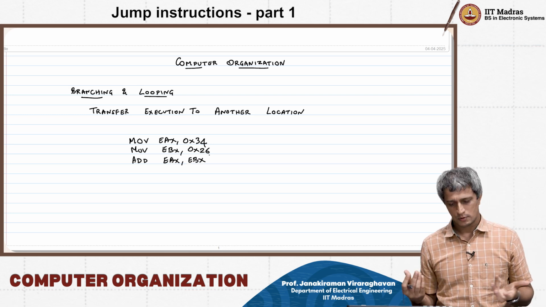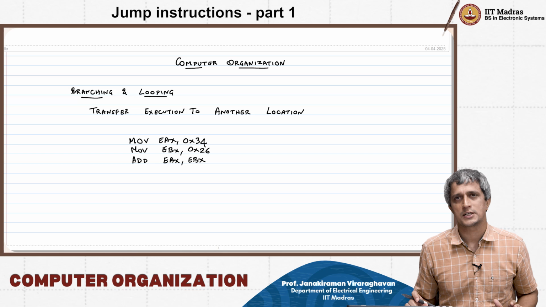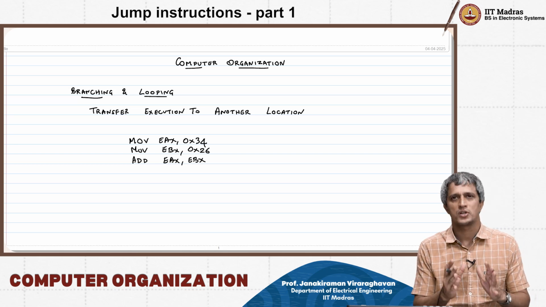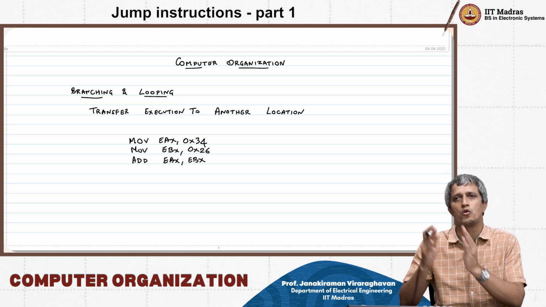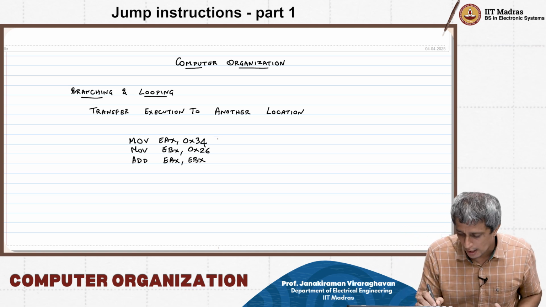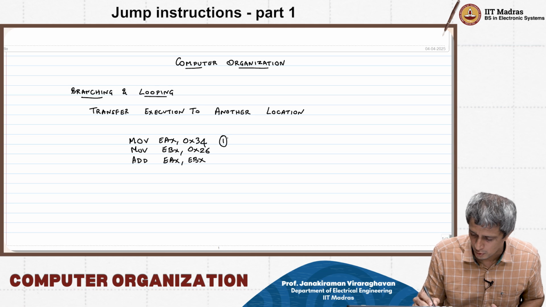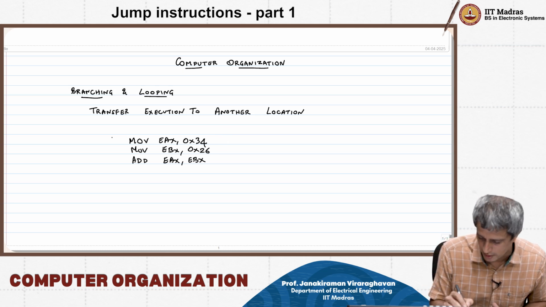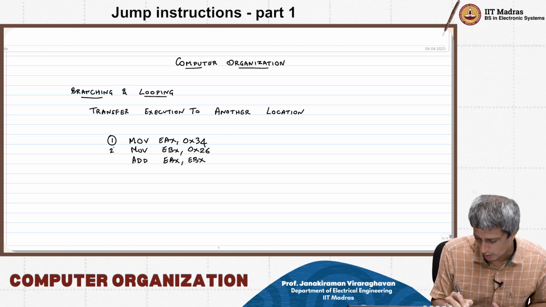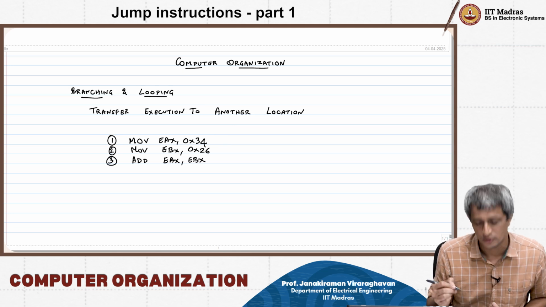Okay, so like I told you last week, this will translate to some sort of machine code, and that machine code sits in memory, and the program executes exactly in this order. It executes exactly the order that's written here: instruction 1, 2 and 3.